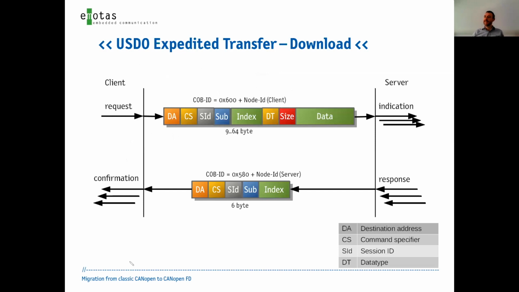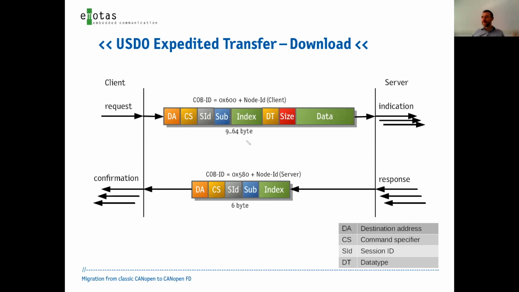The basic idea is that a so-called USDO client initiates the transfer and sends a CANFD message to a server, and it can use the complete 64 bytes of the CAN frame. It indicates index and subindex, which is the address of the parameter, and there's a data type and size information, and up to 56 bytes of data with a so-called expedited transfer, which fits into one CANFD frame. There are also segmented transfers for longer data, but I don't want to discuss them here.